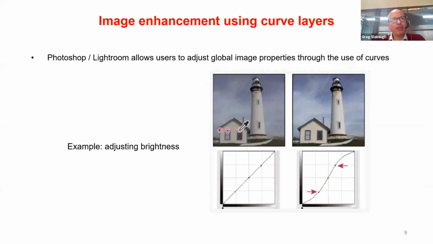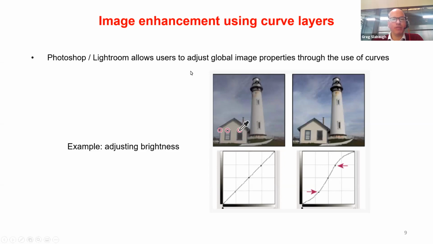But using a 30 element matrix to adjust the colors of an image is not very intuitive. So instead, we were curious to use curves to adjust image quality, just like you do in Photoshop.